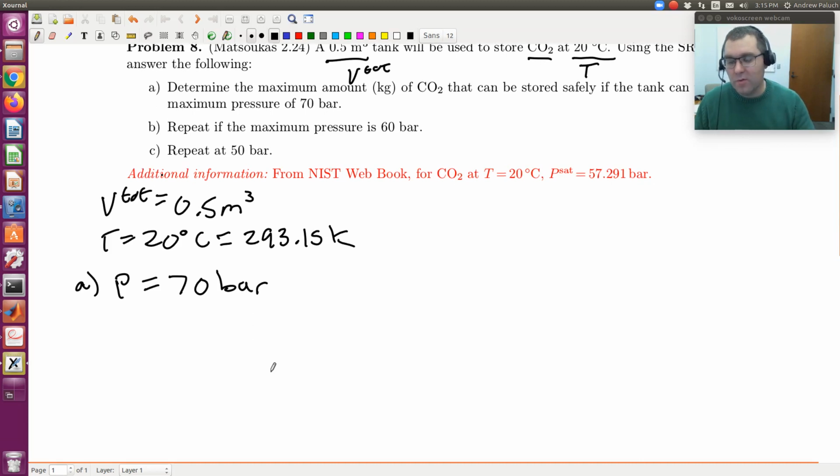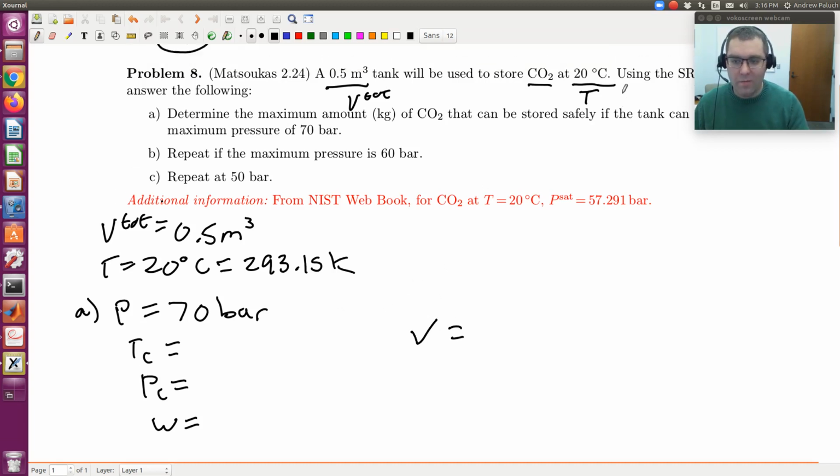So the general strategy is going to be, one, I look up TC, PC, and omega. Then using my cubic equation of state code, I can calculate V. And if I get more than one V, what phase do I have?